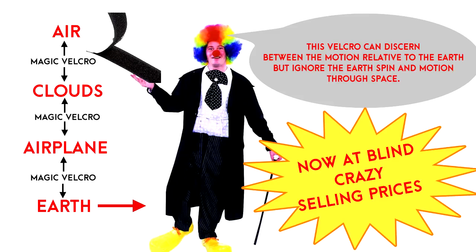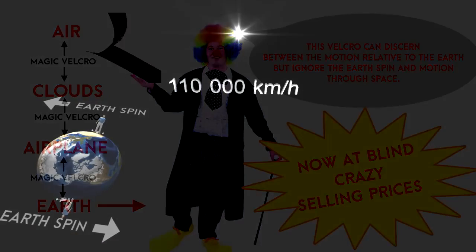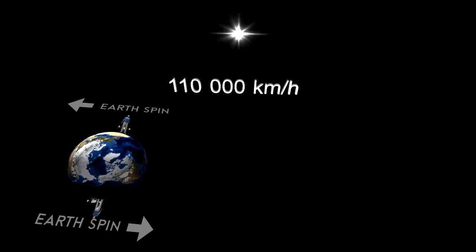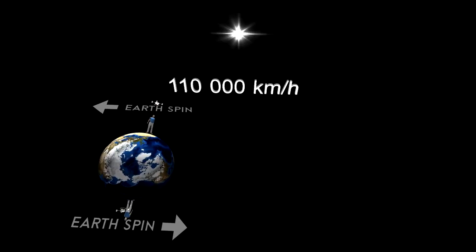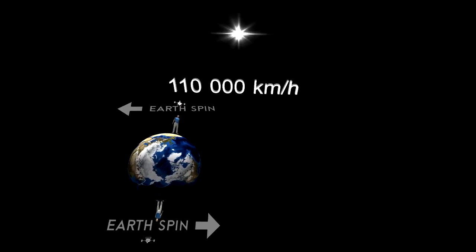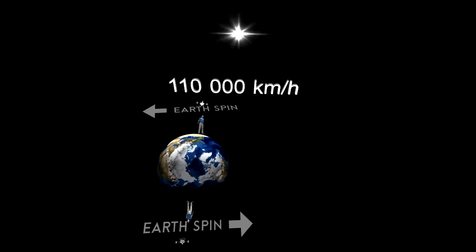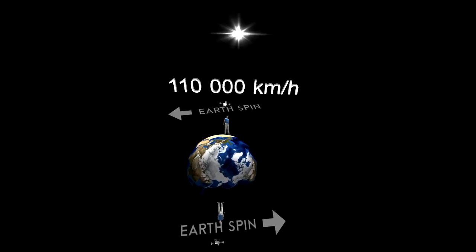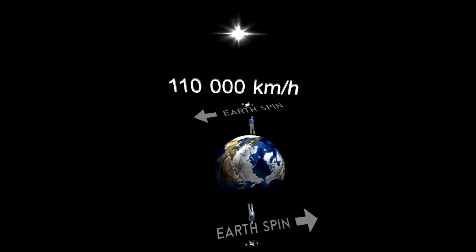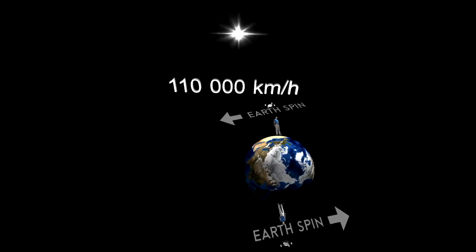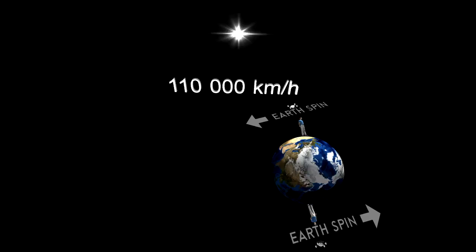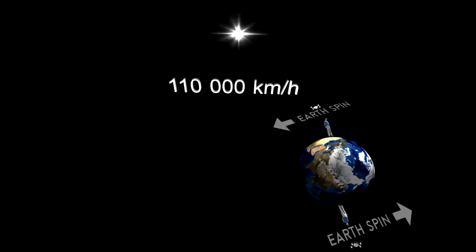So let's have a look at that. At 12 o'clock midday and 12 o'clock midnight, the Earth's moving at 110,000 kilometers an hour in one direction, but because of the spin, at midnight I have to add the spin of the Earth to the drone, and at midday the spin is in the opposite direction of the motion.